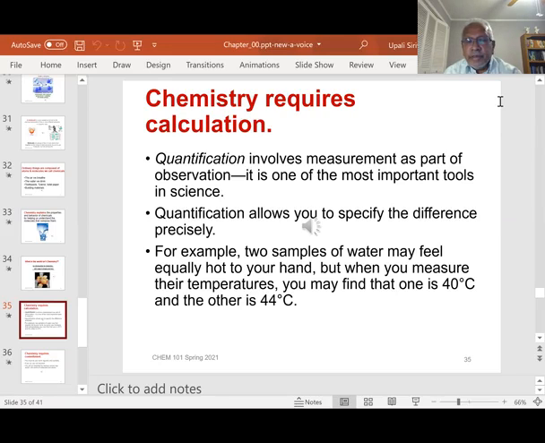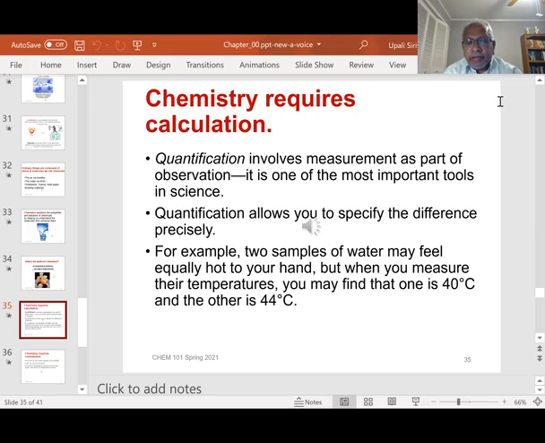Quantification also helps to specify differences precisely. So using a number and a unit is very important. Measurements. One of the measurements of matter is temperature.